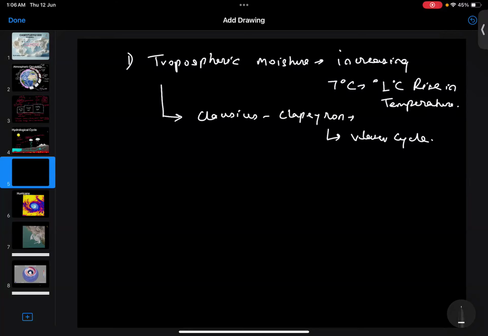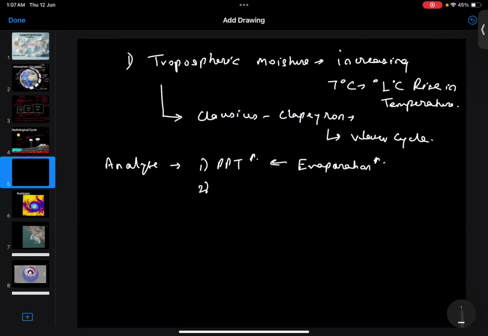Okay, so because of this, we can analyze one thing. Number one, the precipitation is increasing. Number two, the evaporation is also increasing.